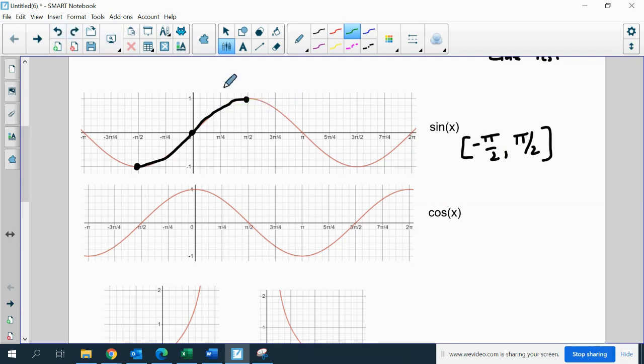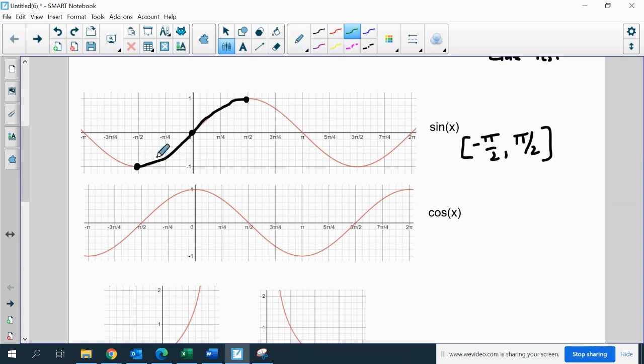We also want to make sure that we cover the entire domain and range of sine. So negative pi over 2 to pi over 2 would be our domain of sine of x, which would then translate into being the range of sine inverse.